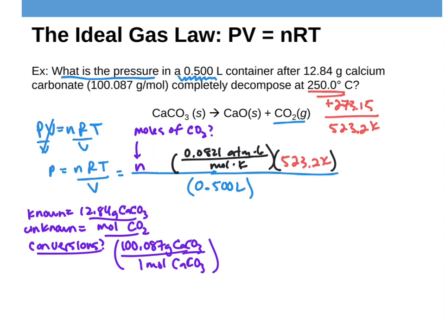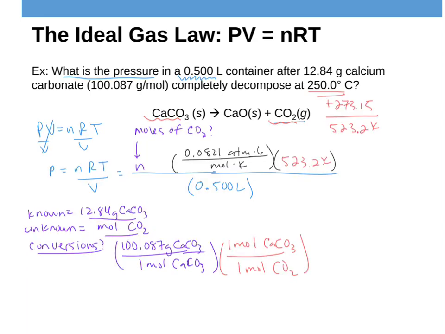And then I also know, like I always do, the mole ratios, and I have to check to see if this is balanced. If I do a quick check here, yes, it is balanced. So it looks like there's a 1-to-1 ratio here. For every 1 mole of calcium carbonate, it releases 1 mole of carbon dioxide. And I think that's all I need.